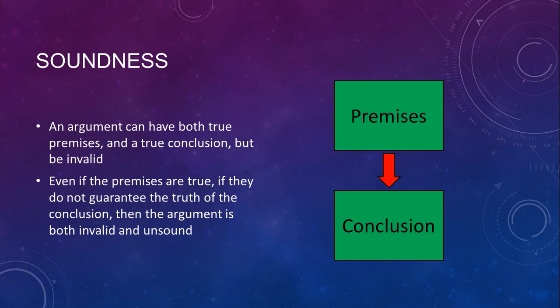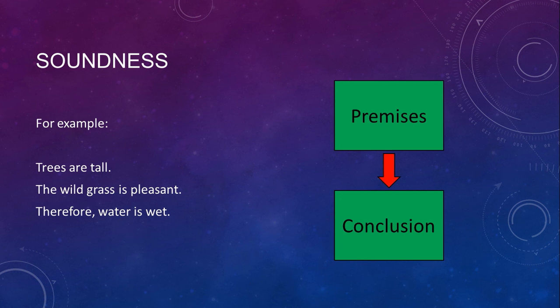Okay? So let's get into examples. Trees are tall, the wild grass is pleasant, therefore water is wet. They're just unrelated ideas, right? All of those things are true, but that is not a valid inference.